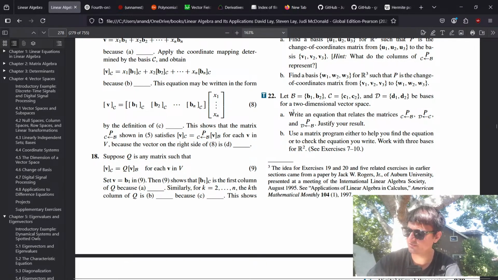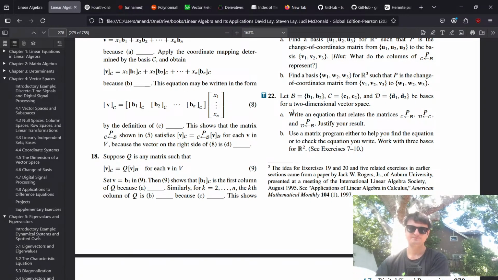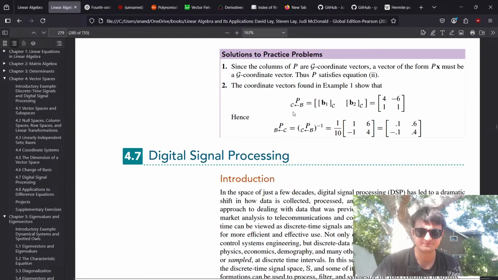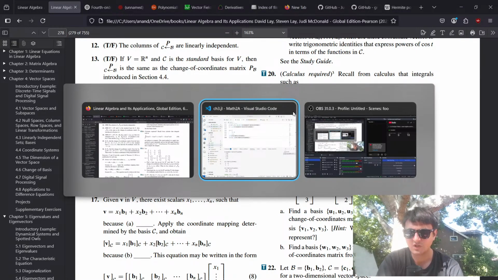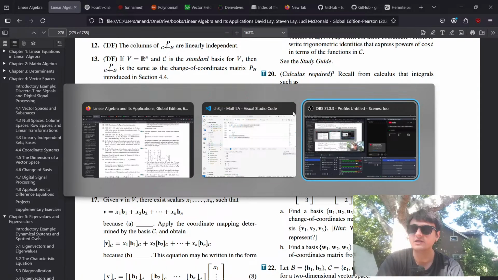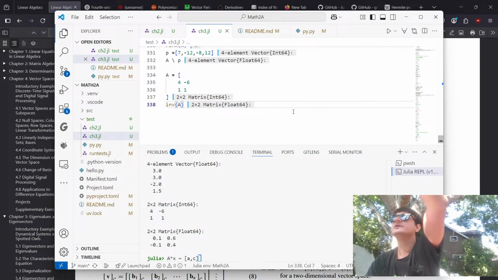We'll do 22. 22 seems good. 21 and 22. There's not that many problems in here, so we can just... I think that's it, right? Yeah. All right. So let us get into it.